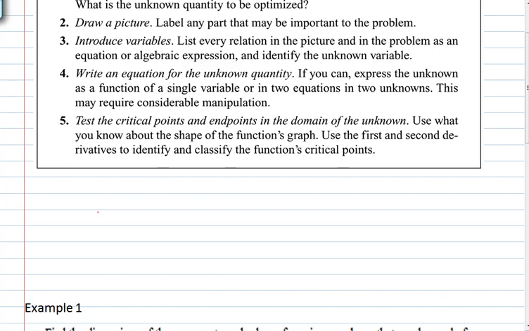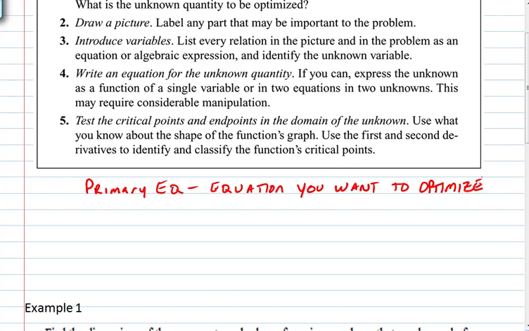The primary equation, when you solve these problems, is the equation that you want to optimize, either minimize or maximize. Optimize just simply means maximize or minimize.